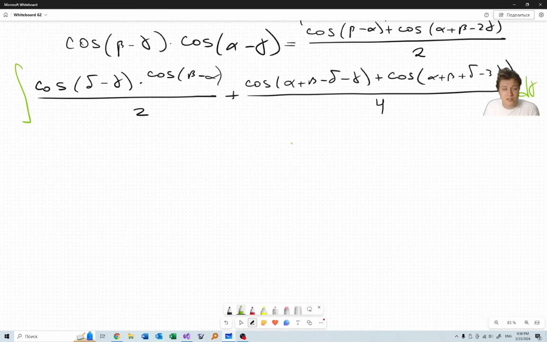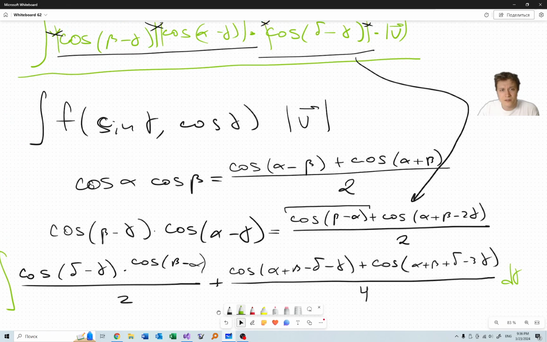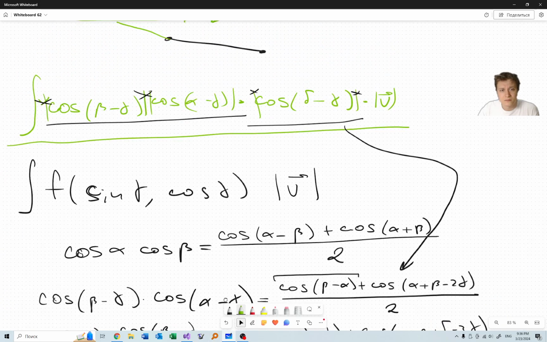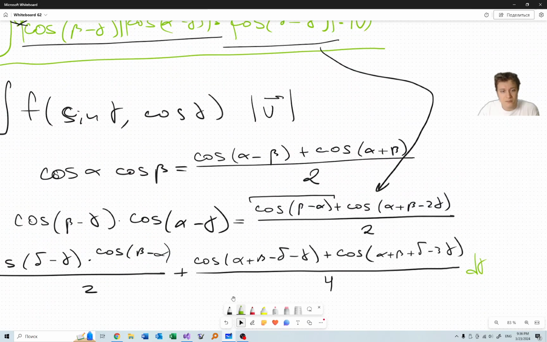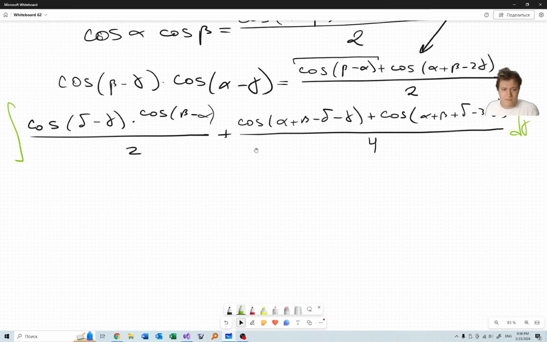D what? D gamma? Is gamma the angle? Yes, gamma is the angle. So let's integrate by gamma. And we get minus sine delta minus gamma cosine beta minus alpha over 2.